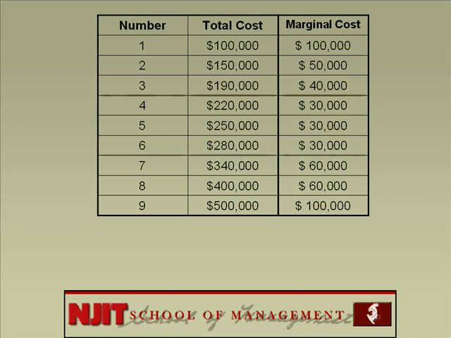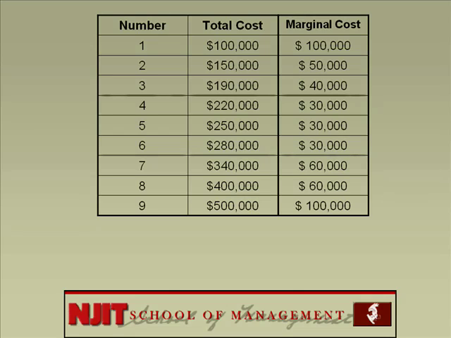Why does marginal cost increase after 6 machines? Think about it. Because the company may have to purchase more equipment, they've got to hire more people, and so on. So at a certain point, as I told you before, marginal cost increases.